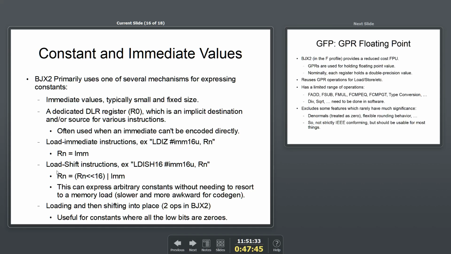So with these, you can load an arbitrary 32-bit constant in 2 instructions, an arbitrary 48-bit constant in 3 instructions, and an arbitrary 64-bit constant in 4 instructions.